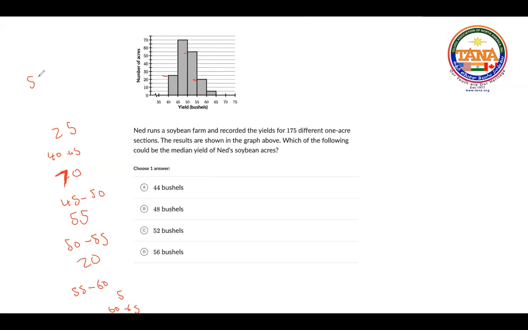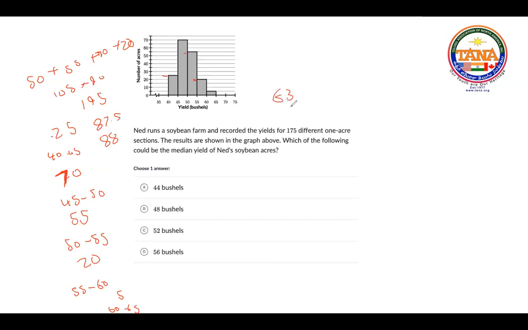So 50 plus 55 plus 70 plus 20. So you have 105 plus 90, so 195. And then you want the median, so you want it divided by 2, basically. So it's like 87.5. So let's say 88. And when you count it over, you have 25 here, so subtract 25.